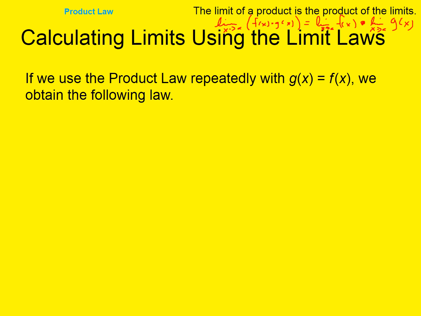Now, if we use it with the two things equal to each other, then we've got the limit as x goes to a of f of x times f of x, because the two are equal.